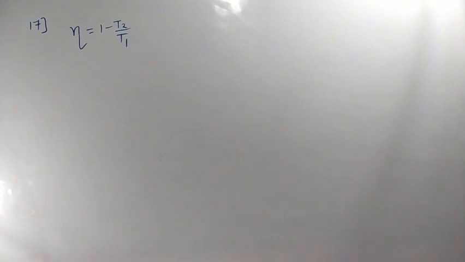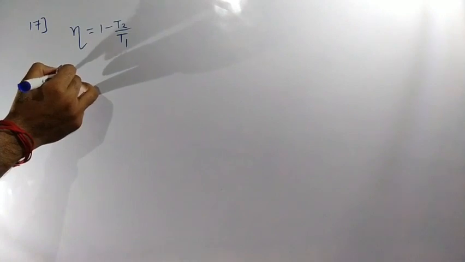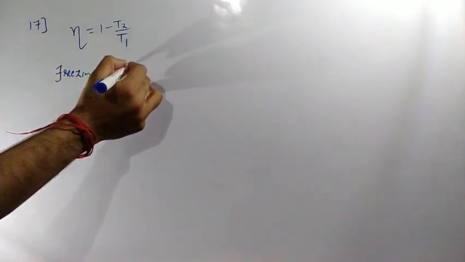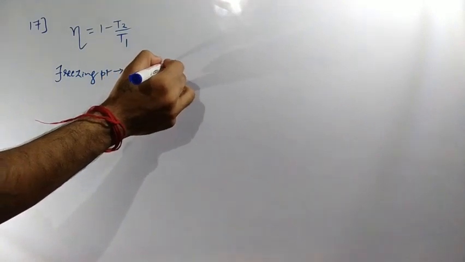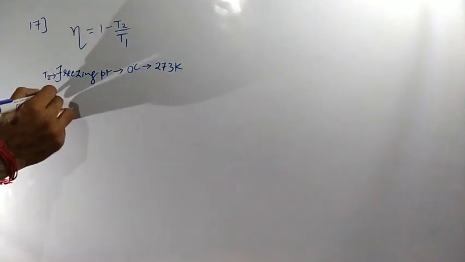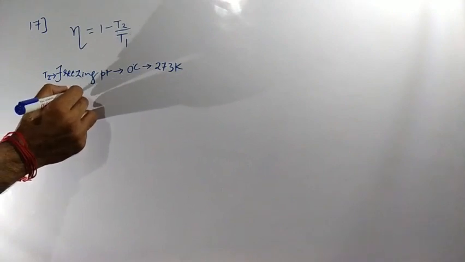Now, how to take these values? Freezing point of water is 0 degrees Celsius or 273 Kelvin. So freezing point is our T2 here. T1 is the boiling point of water.